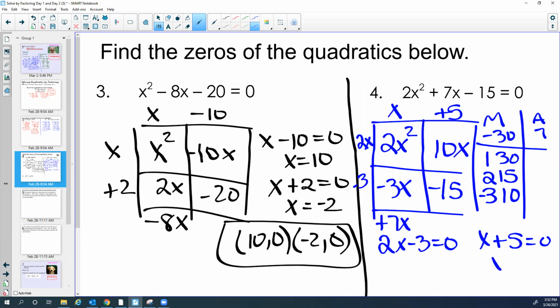The one on the right is going to be x equals negative 5. The one on the left is going to be 2x equals positive 3, and x equals 3 halves. So my solutions, my zeros, are going to be (3/2, 0) and (-5, 0).